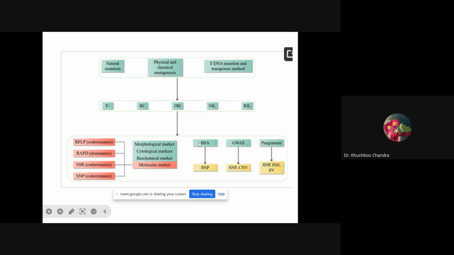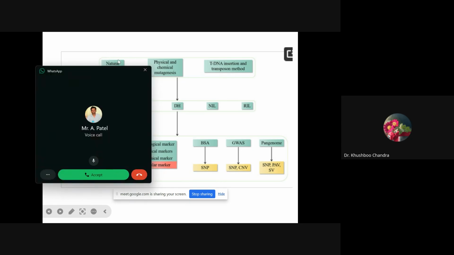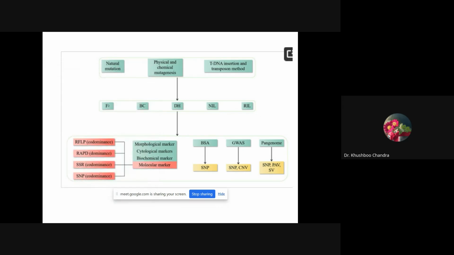Here you can see how the different stages are shown. Here we can see natural mutation, which is spontaneous. Then we come to the physical and chemical mutagens, and in the next phase, tDNA insertion and transposon methods.